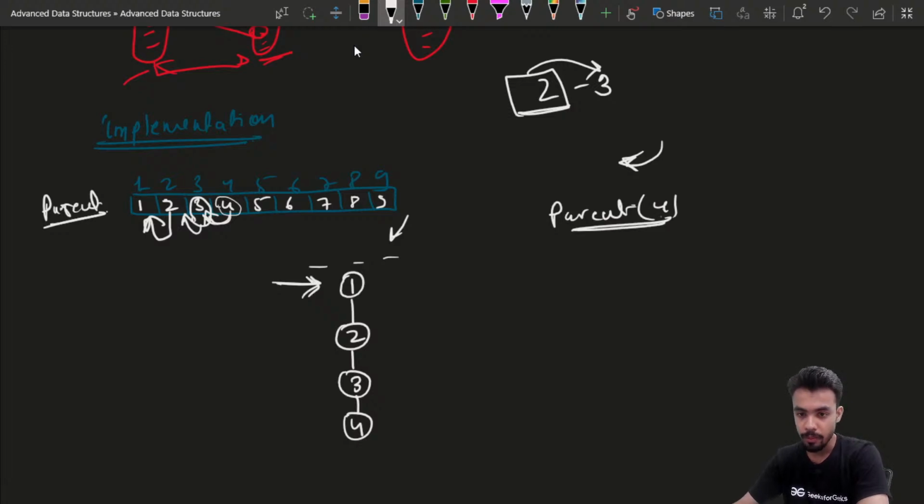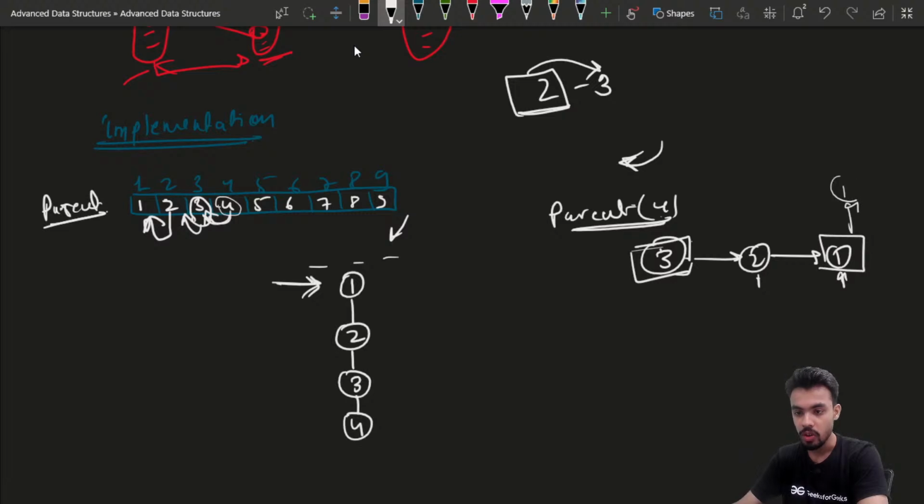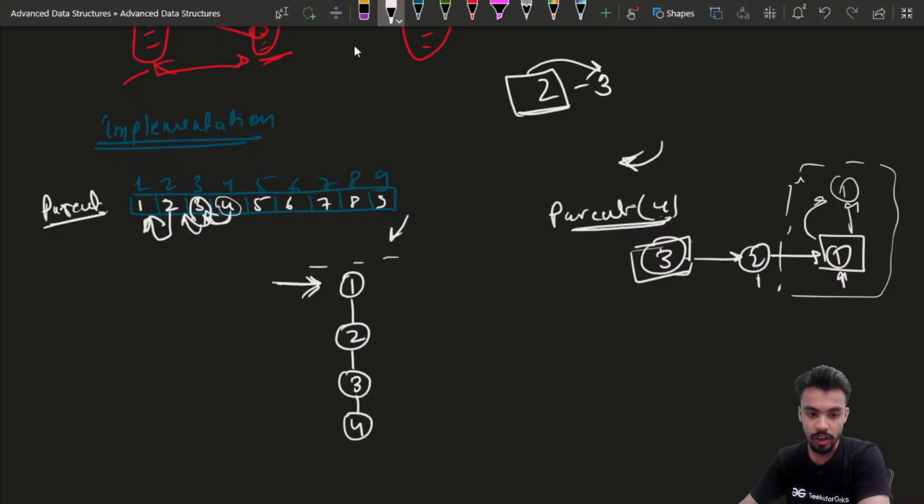The parent of 4 is 3, then you check the parent of 3, which is 2, then the parent of 2, which is 1. Then you check the parent of 1, which is again 1. So as the parent of 1 is 1, this is the ultimate representative of the group. Okay, so this is how you are going to get the parent of anyone.